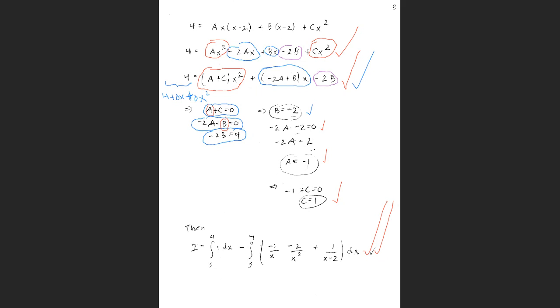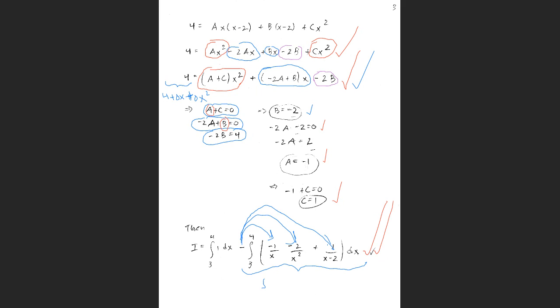Okay, so this second integral here can be expressed, well, we can distribute the negative through the integral sign here to the 3 terms.